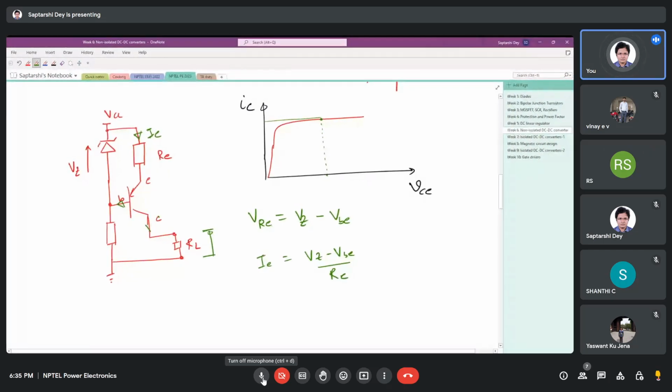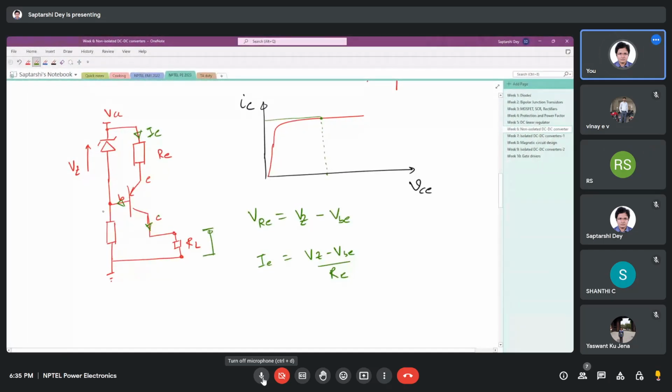So one current was coming right here, the other current was going this way, into that resistance on the left side. Whatever current is coming here, this plus this current is going down, and that is increasing the voltage. If this voltage increases, this voltage will increase.